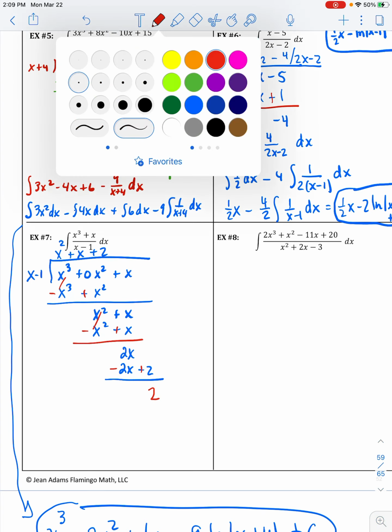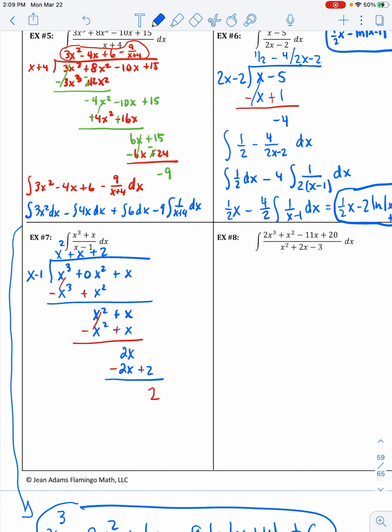So it actually ends up being a positive 2. So this is plus 2 over x minus 1. So that divided by that is equivalent to x squared plus x plus 2 plus 2 over x minus 1 dx.